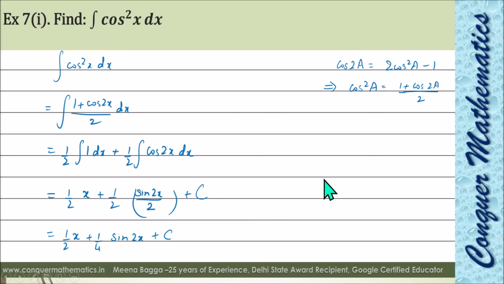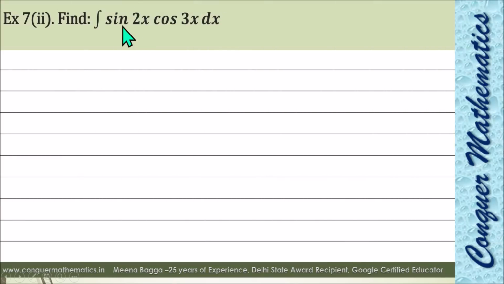Okay. Next question. Integral of sin 2x into cos 3x. Sin 2x cos 3x. That means we are going to use the formula for sin a cos b. Let us just recall the formula. 2 sin a cos b is nothing but sin a plus b plus sin a minus b. But there is 2 in the formula, so we are putting 1 by 2 here.